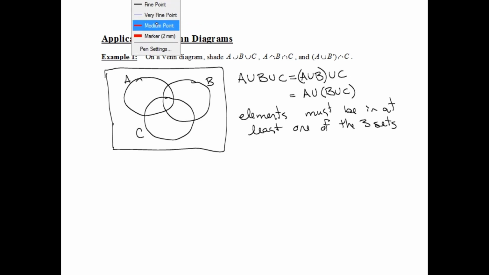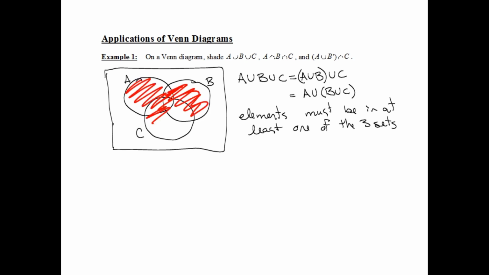Okay, so what will we shade? Well, everything in circle A will be shaded, but so will anything that is included in B or C. So everything that's in at least one of the circles will be shaded. And the parentheses around A and B are not needed, as long as we don't mix unions and intersections together.